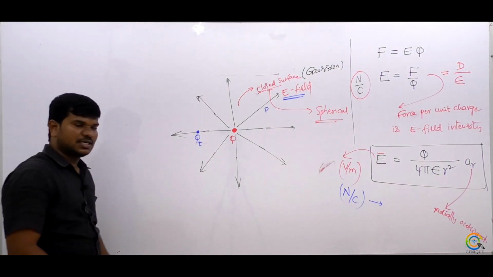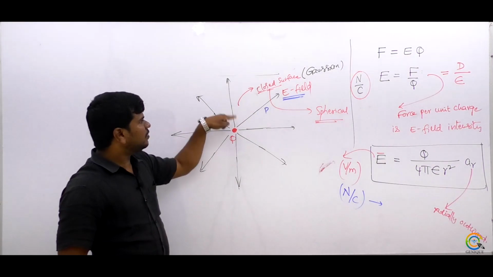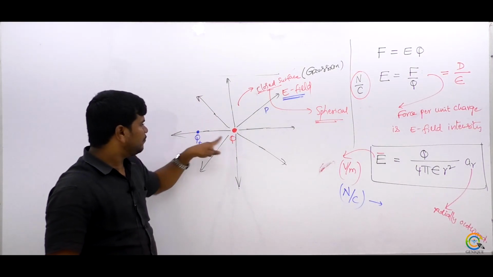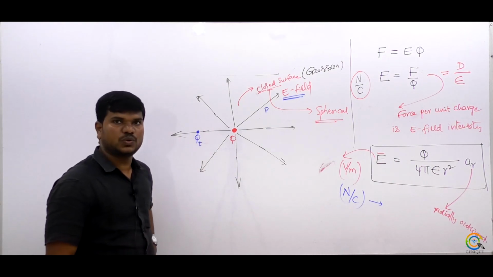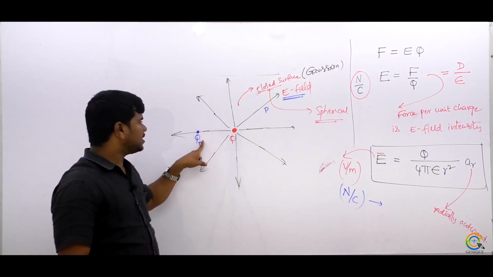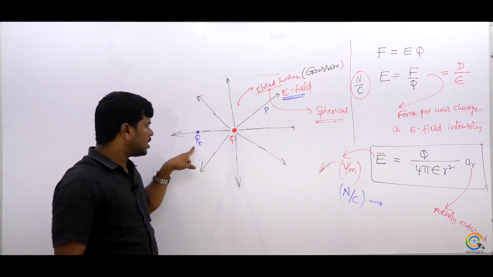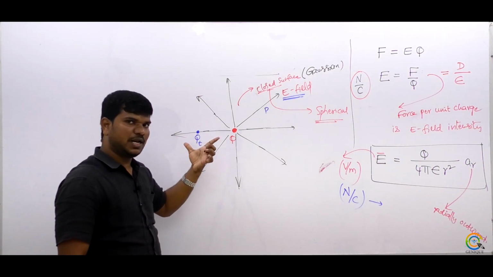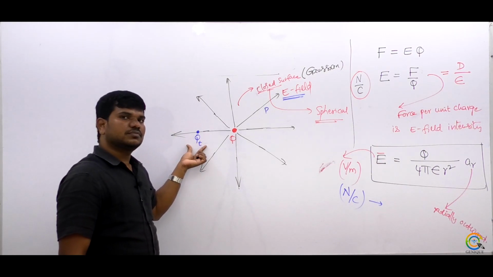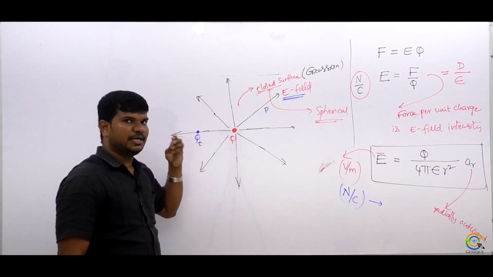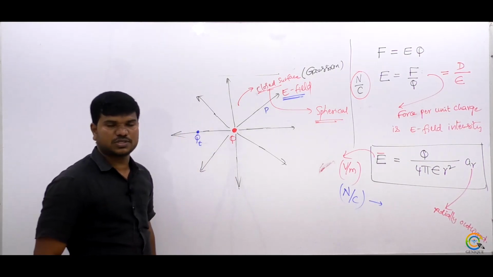What happens? You already know these are electric flux lines, so definitely it will exert some force on this QT. If you take the same kind of charge, it will repel. If you take the other kind of charge, it will attract, but definitely it will exert some force.